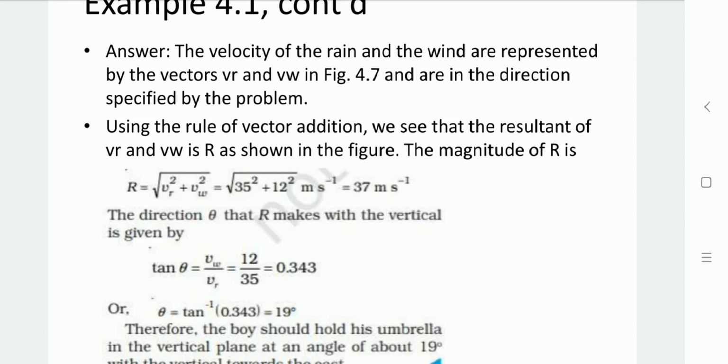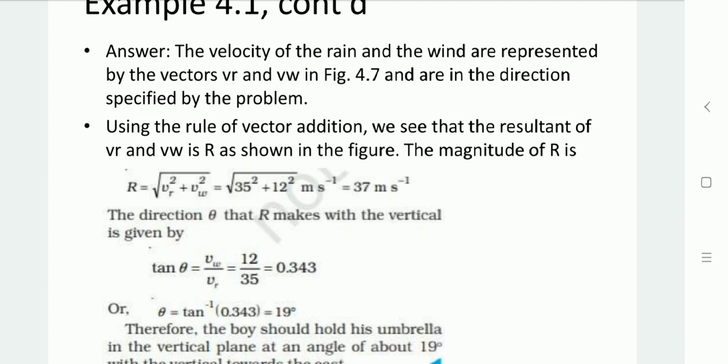Now the direction is defined with the angle theta with reference to VR, the vertical direction. So tan theta equals y by x, that would be VW divided by VR. That is 12 by 35, which results in 0.343.